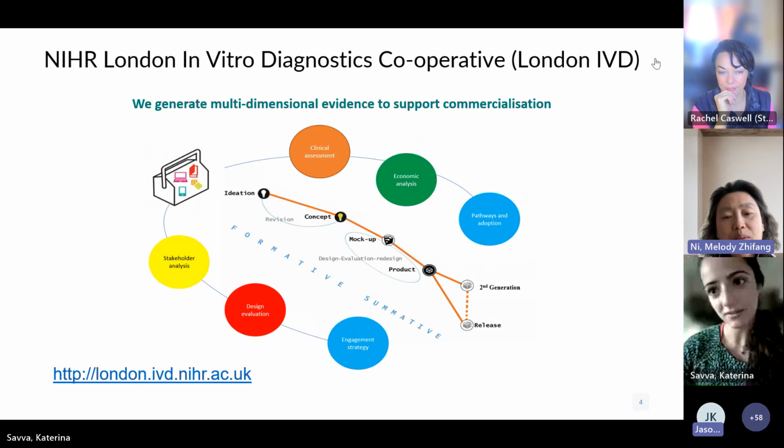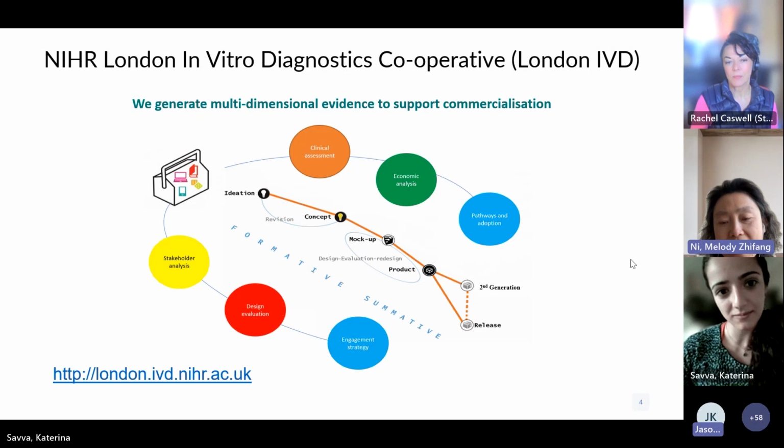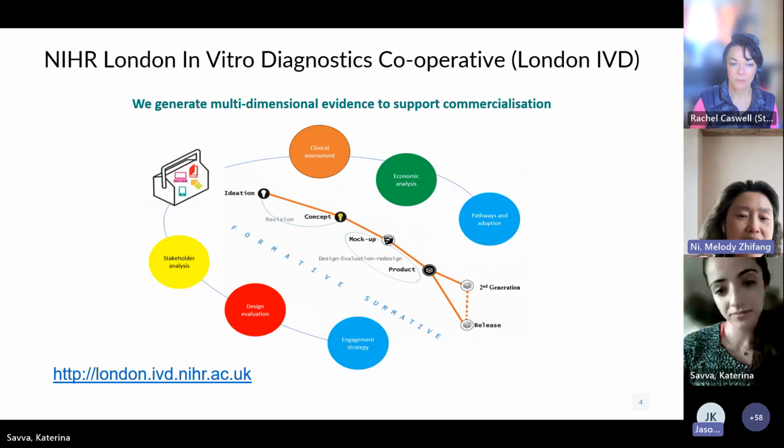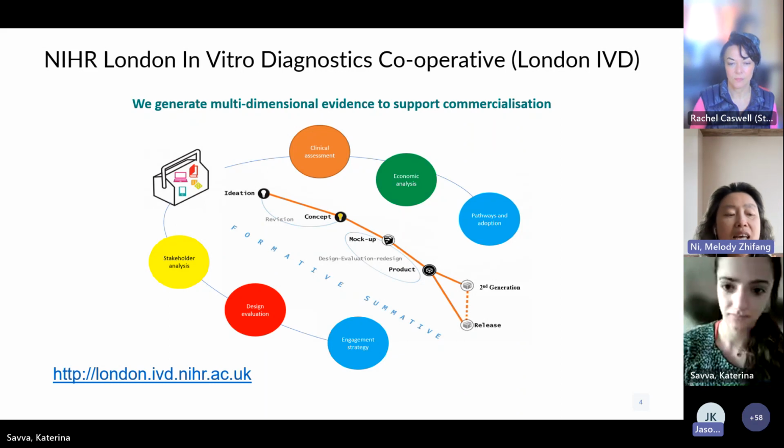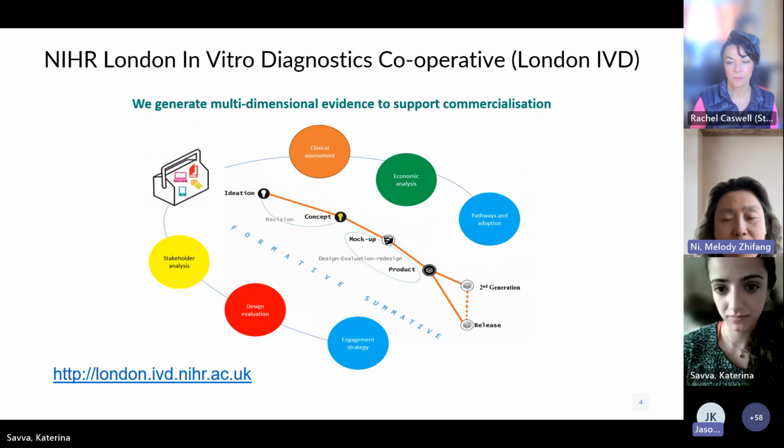Yeah, so we support innovators based on innovation stage from ideation all the way to the market. So this is basically the developmental pathway. Within London IVD, what we do is generate what we call multi-dimensional evidence: quantitative evidence such as health economics, and qualitative evidence such as that extracted from interviews and focus groups, basically understanding who is going to use a device, in what context, and for whom the benefits and risks might be maximized, the balance might be addressed.